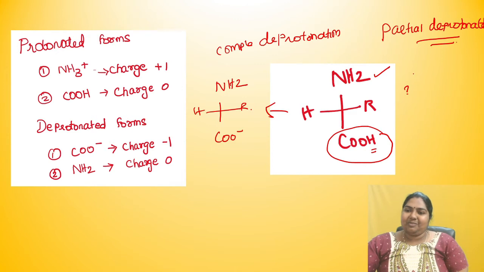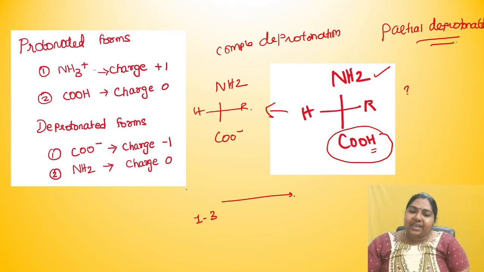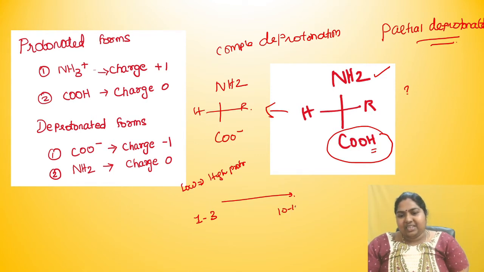When is it possible? See here, we have a range of pH, so the pH of 1, 2, 3. Whenever the pH is low, it is going to be highly protonated. Whenever the pH is high, like 10 to 14, how will the protonation be?